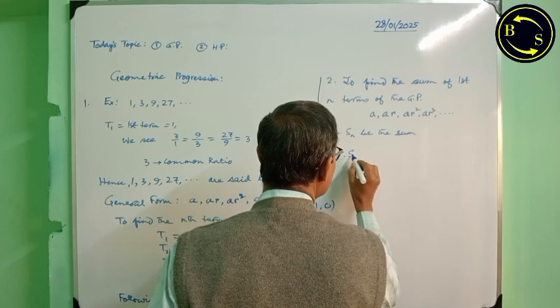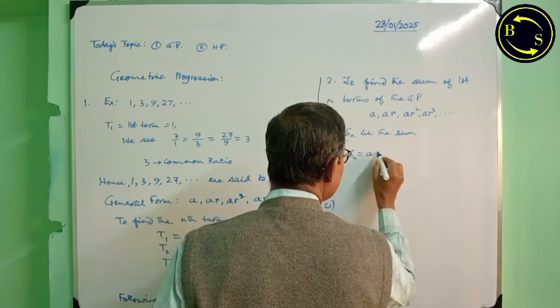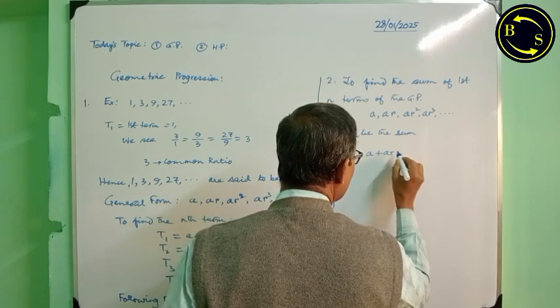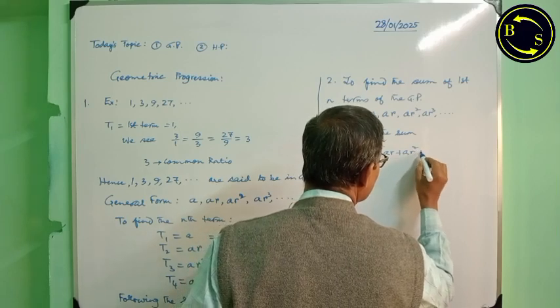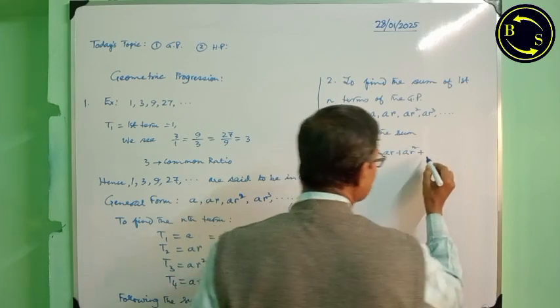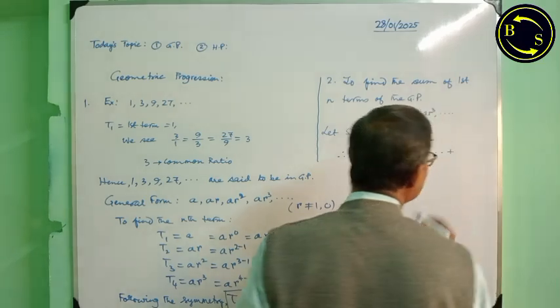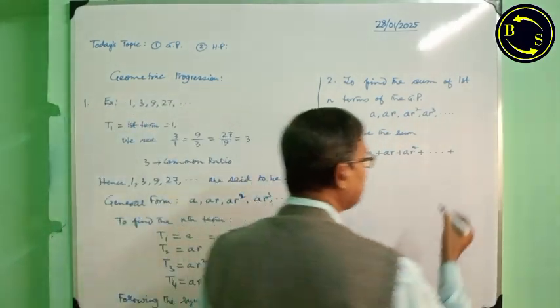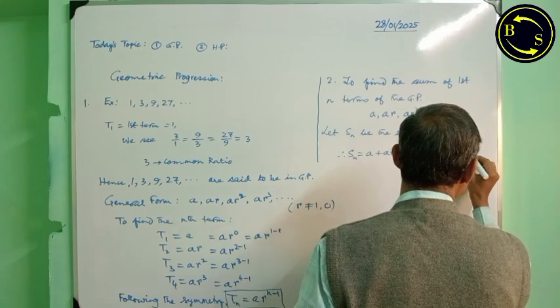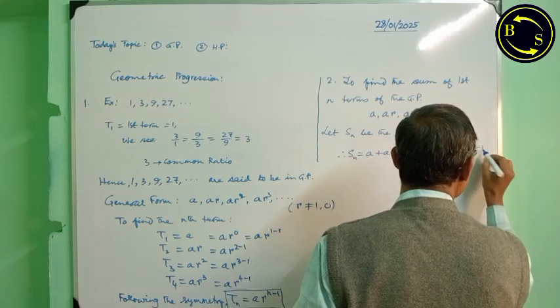Therefore, Sn equal to a plus ar plus ar square plus up to nth term. Already we have determined nth term is a r to the power n minus 1.